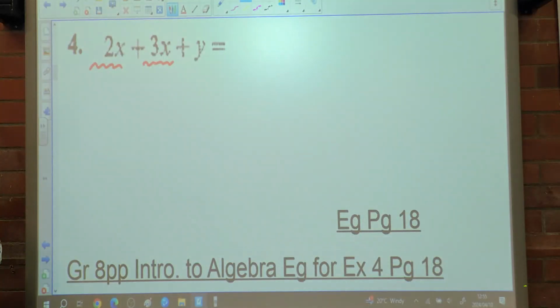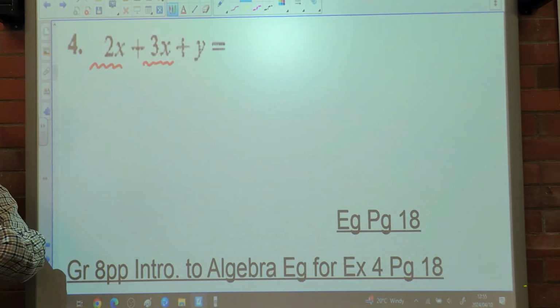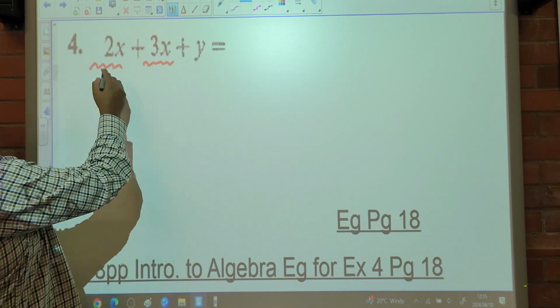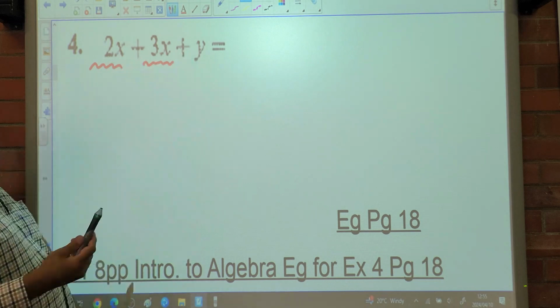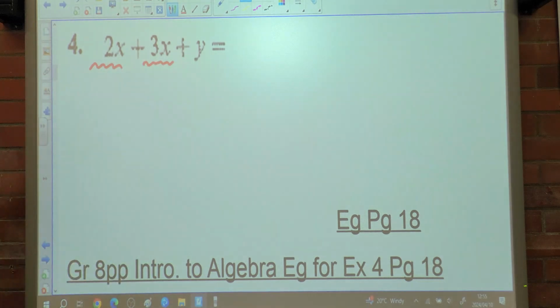Remember in our previous lesson we used the example of the forks in the drawer? No? So if x were forks and y is a knife. Okay?